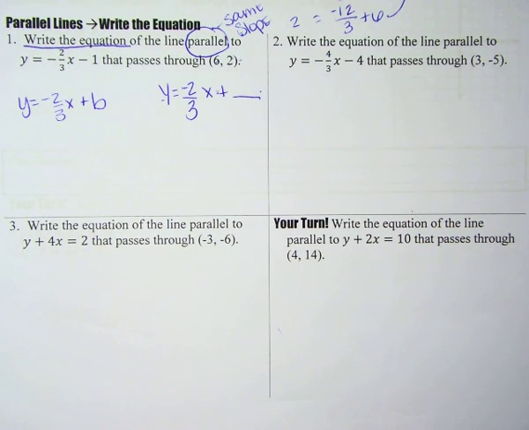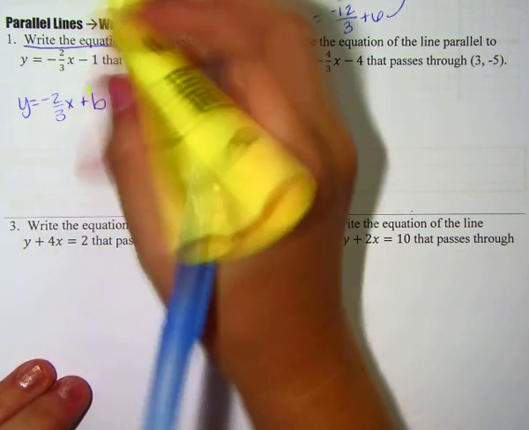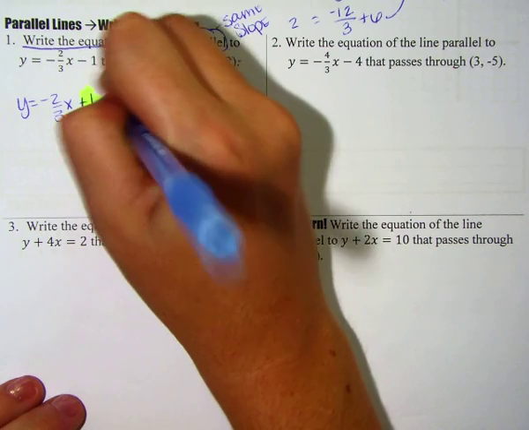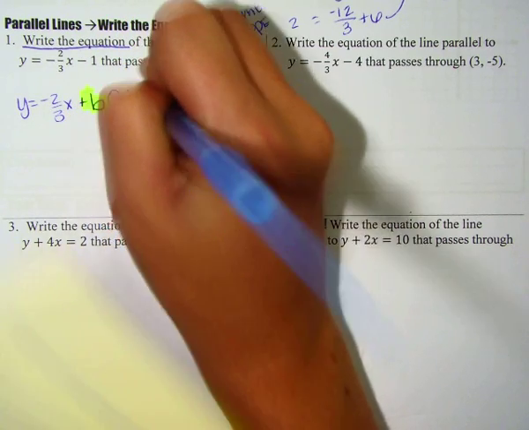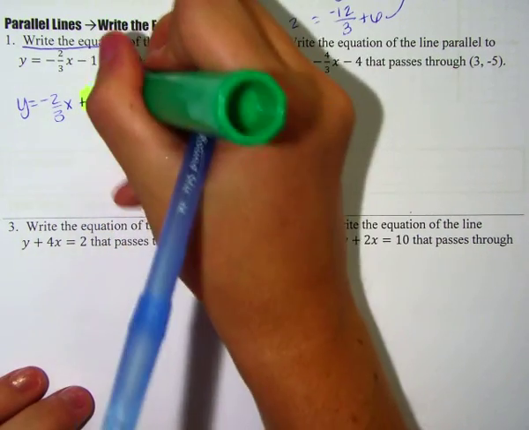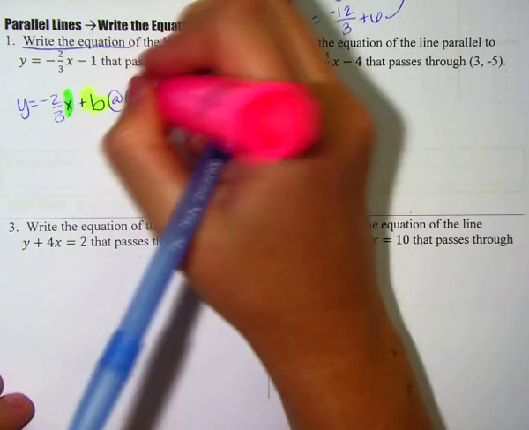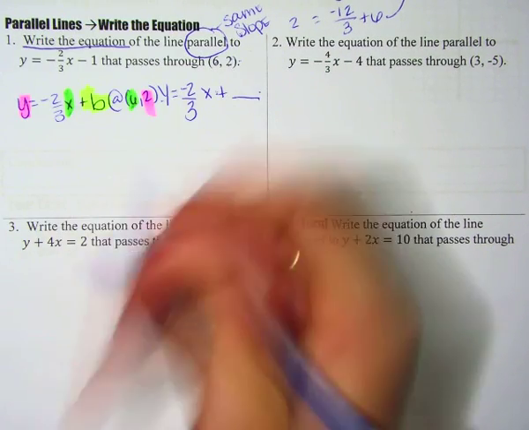Again, right now, I don't know b. That's what I'm solving for. I'm going to solve this at 6, 2. So everywhere that I see an x, I'm going to put a 6. And everywhere that I see a y, I'm going to put a 2.